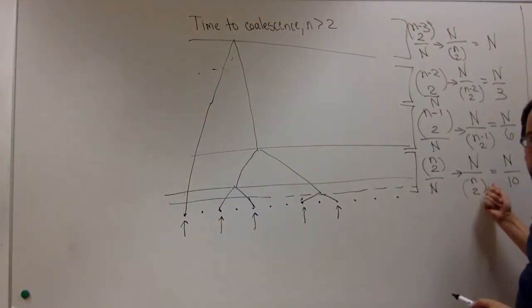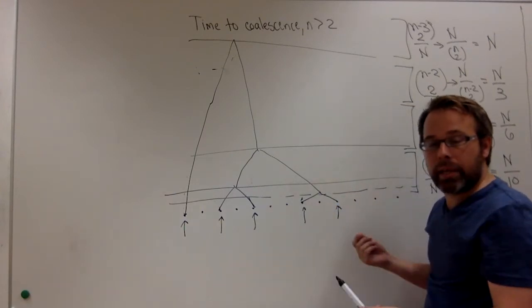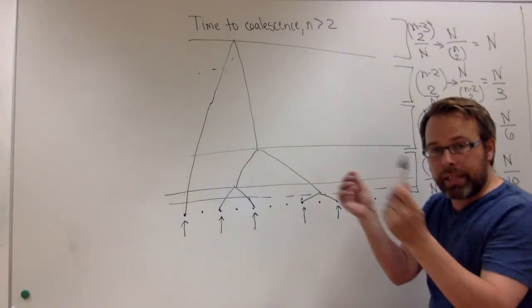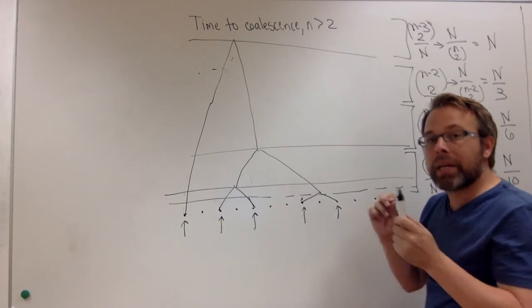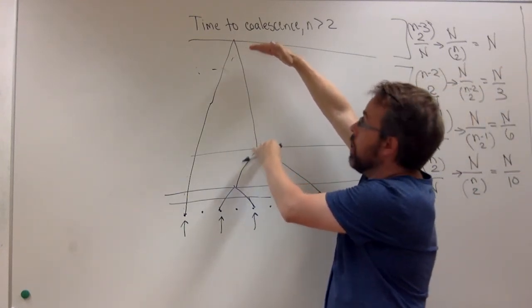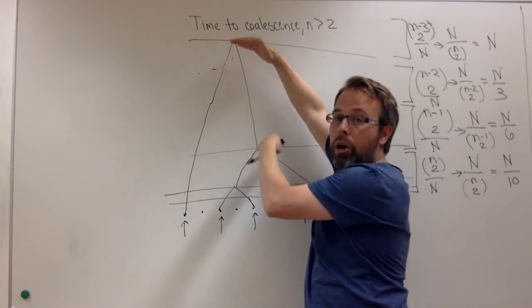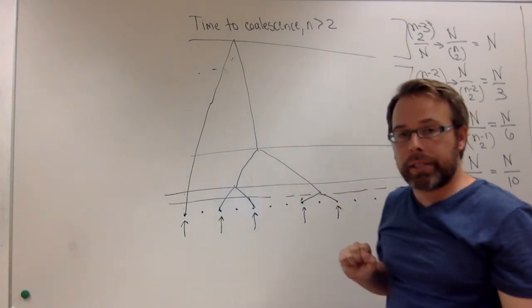But because when we have more individuals still in the sample, we have more chances for pairs to coalesce, we get this funny thing where our deepest branches are very long, and the tips of our branches are very small.